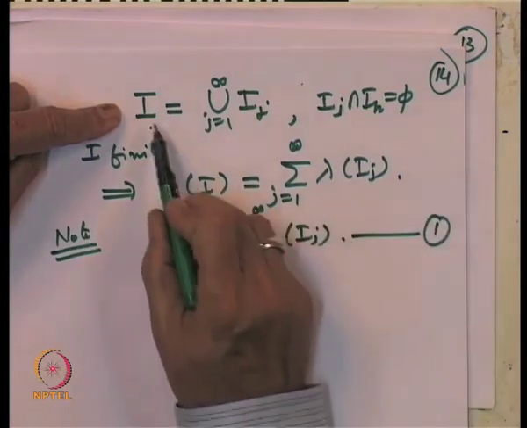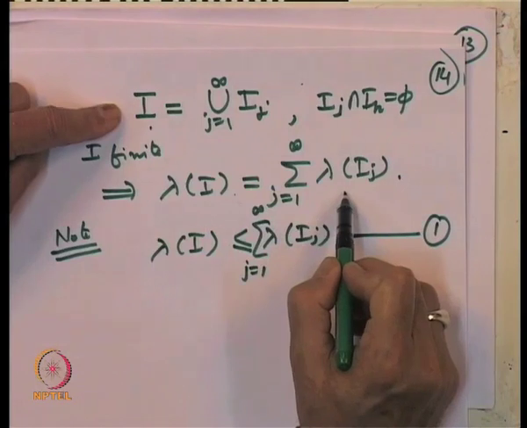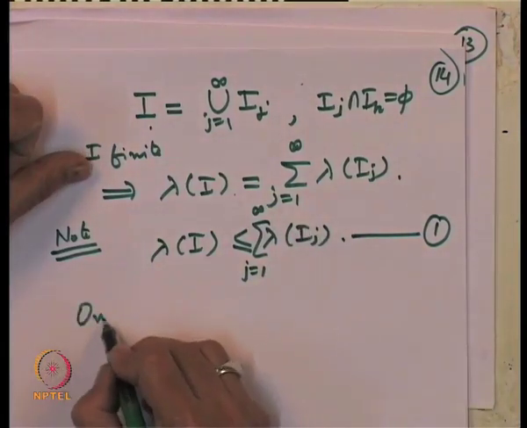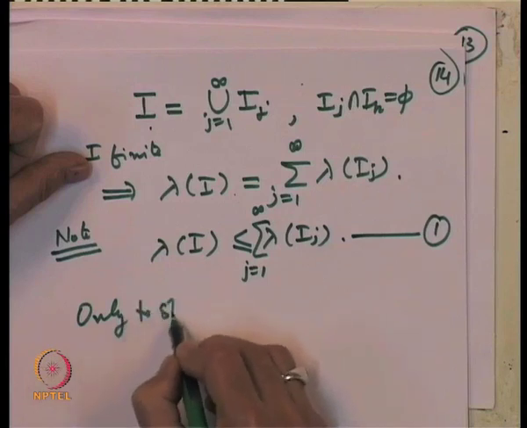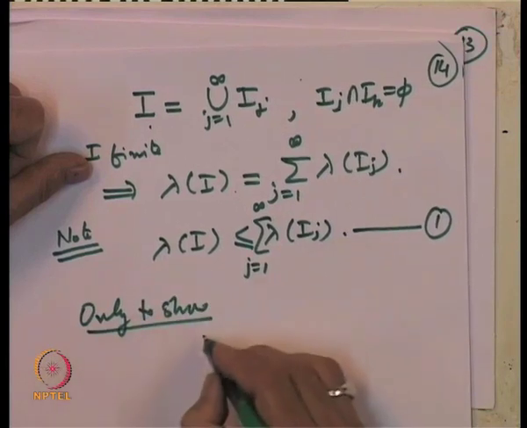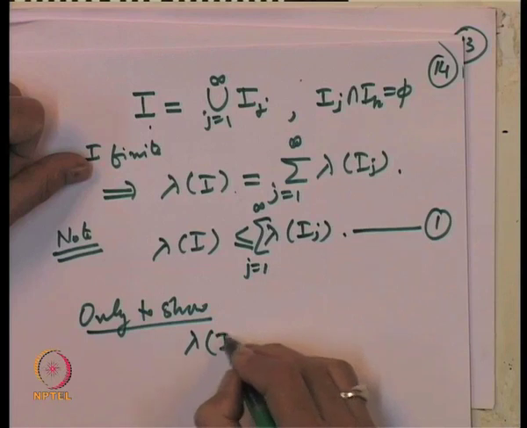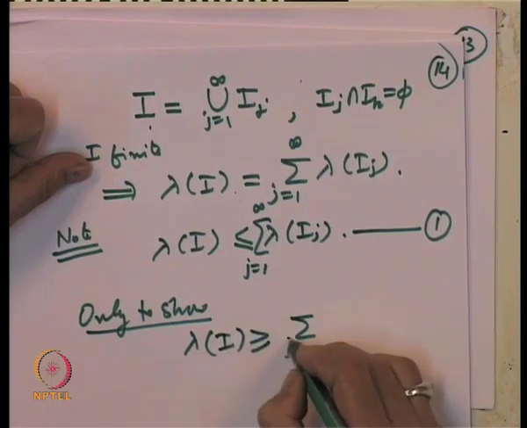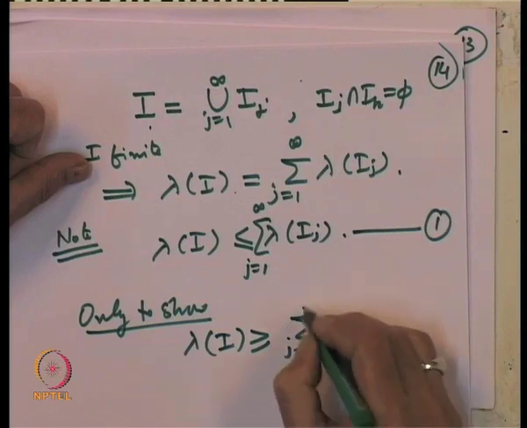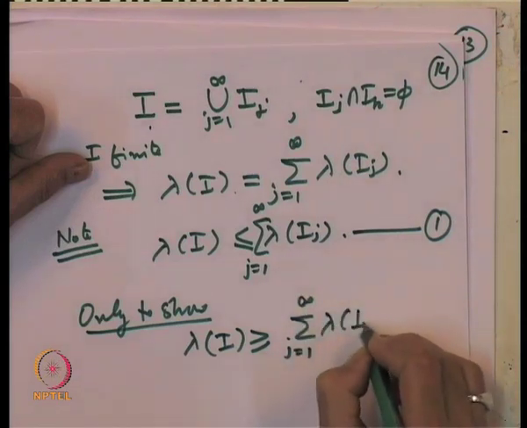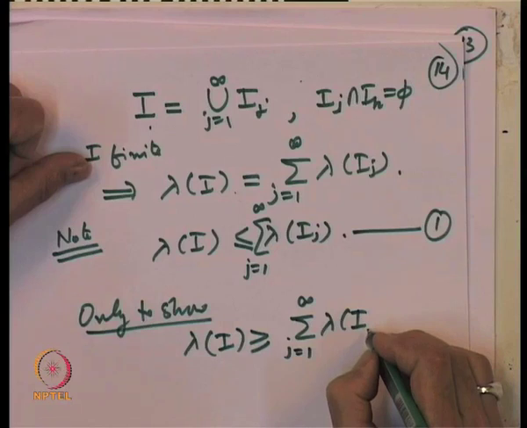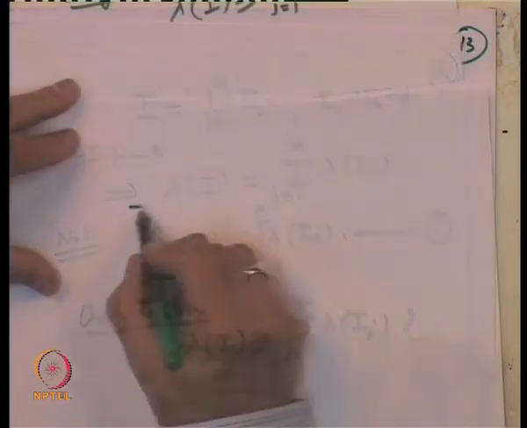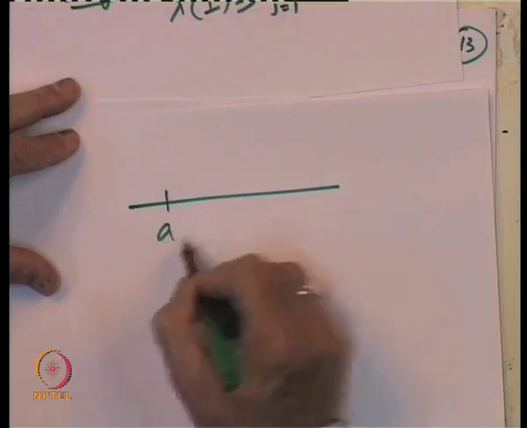Call it 1. This we just now proved for finite intervals. So, only to show that the length of I is bigger than or equal to the summation, j equal to 1 to infinity, of the length of I j. So, only this is to be shown, and for that, here is the interval a to b.